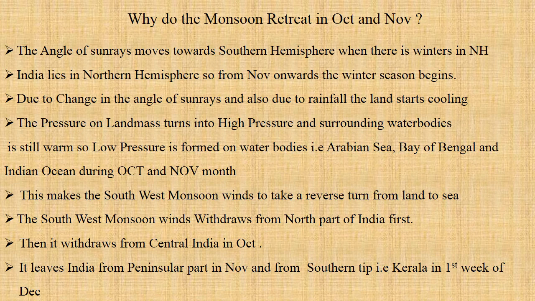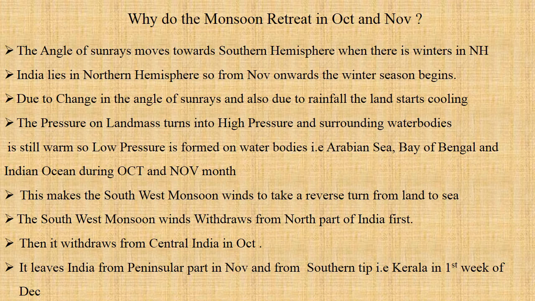Now again, why does the monsoon retreat in October and November? Let us have a quick recap. The angle of sun rays moves towards the southern hemisphere when there is winter in the northern hemisphere. India lies in the northern hemisphere, so from November onwards the winter season begins. Due to the change in the angle of sun rays and also due to rainfall, the land starts cooling.